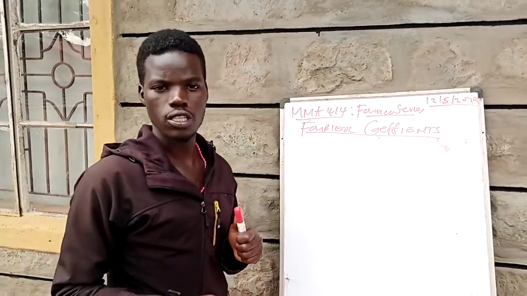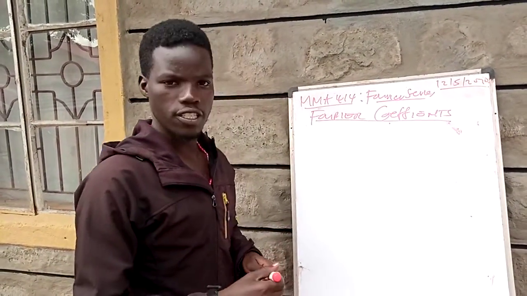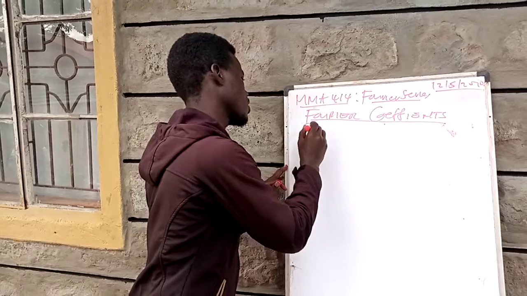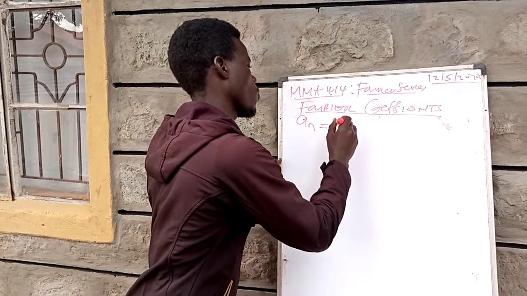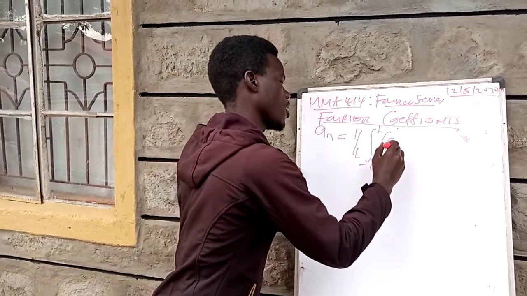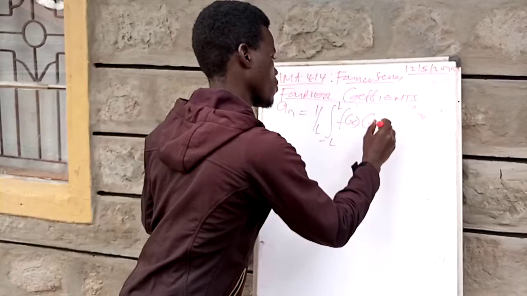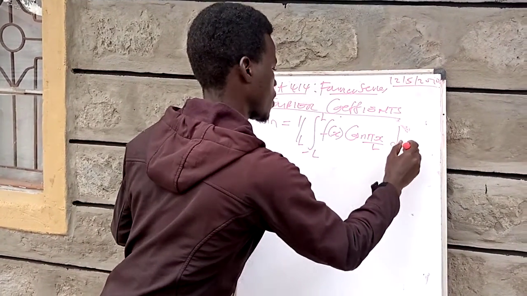I'm going to proceed on the derivation of the Fourier coefficients. Last time we derived the coefficient an to be 1 over L integral from negative L to L of f of x cos of n pi x over L dx.